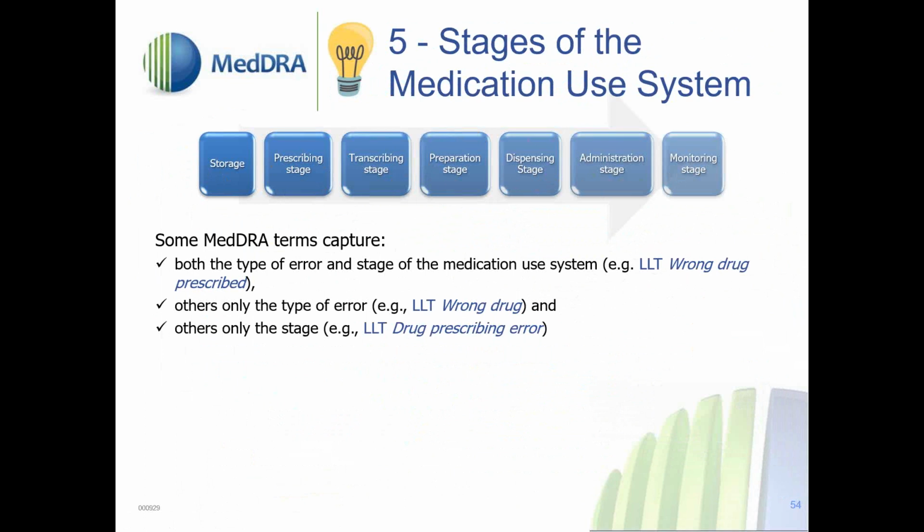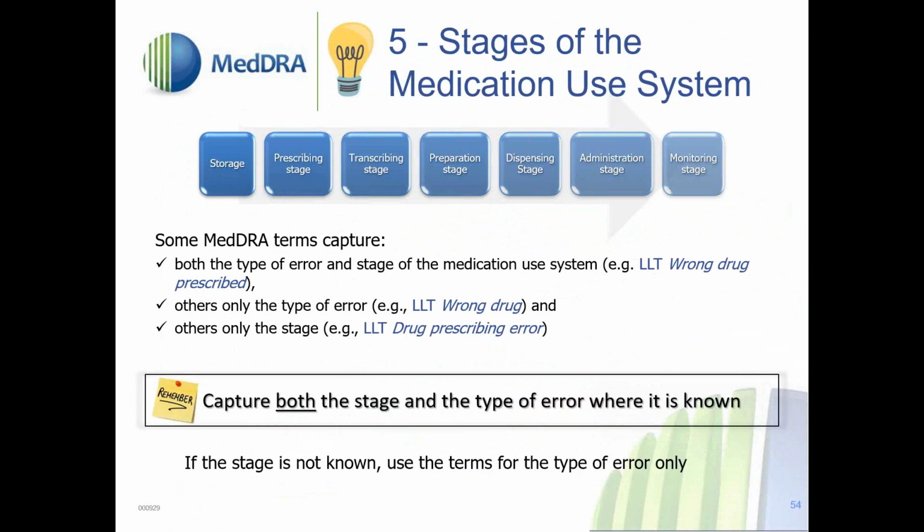Again, if the error is not specified, you would just select an LLT to capture the stage where the error occurred. So always capture both the stage and the type of error where it is known. And if the stage is not known, capture the type of error only. And if the specific error is not known, but the stage is known, then capture the stage only.